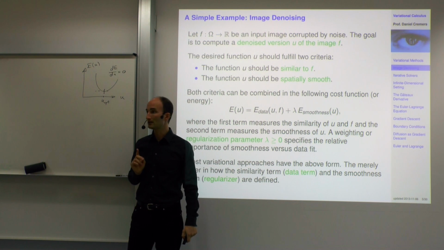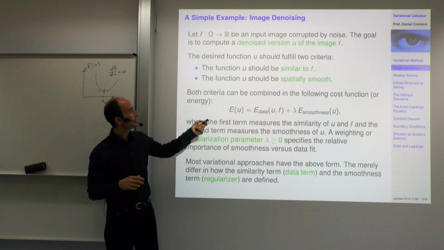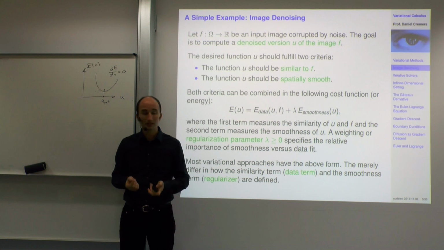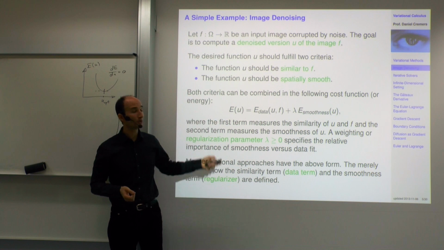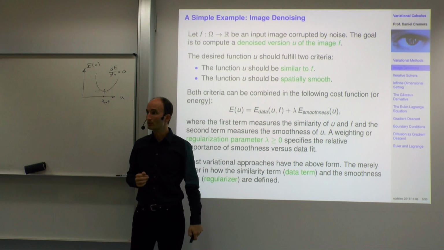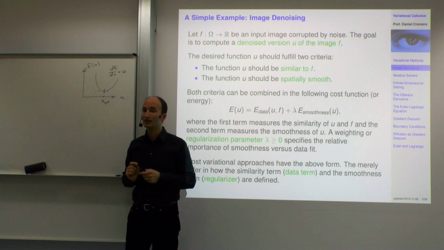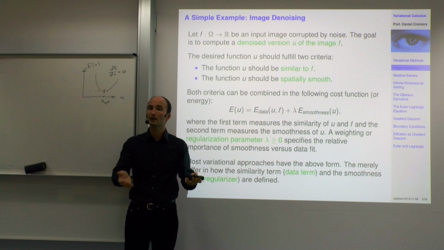That's the first criterion that we want. Secondly, what is it that we want? Denoising, typically we want to remove small-scale oscillations, and so we assume that the function u that we want to compute should be spatially smooth, meaning from one point to the neighboring point it should not change too much. These are the two assumptions. We put them very clearly on the table.